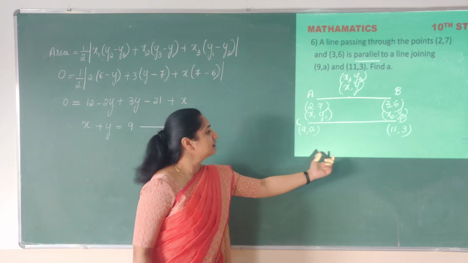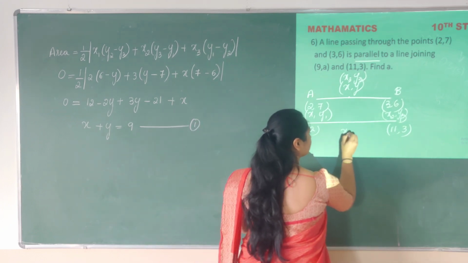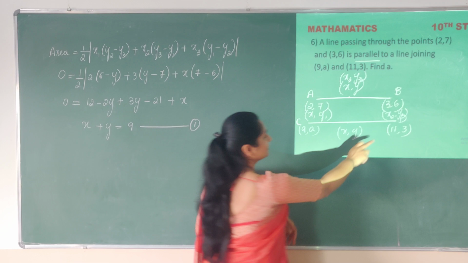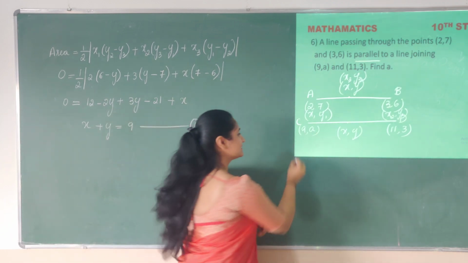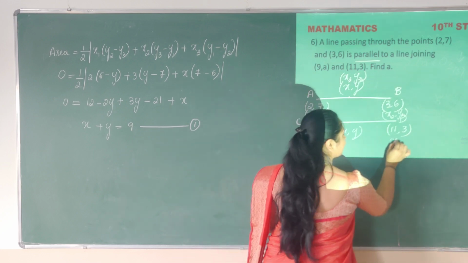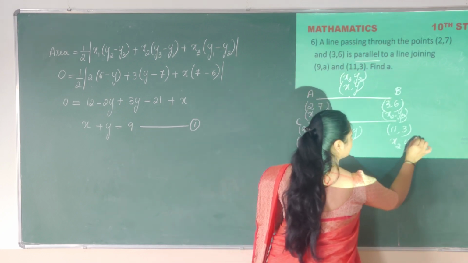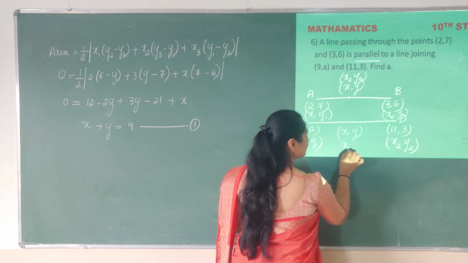In the same way, we'll also find the equation of the line CD by taking another arbitrary point (x, y) on the line CD. We'll take (9, a) as (x1, y1), (11, 3) as (x2, y2), and (x, y) as (x3, y3).